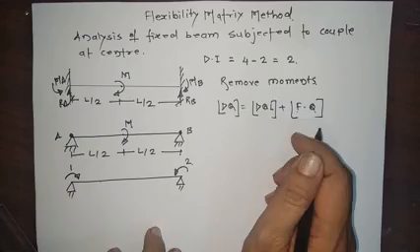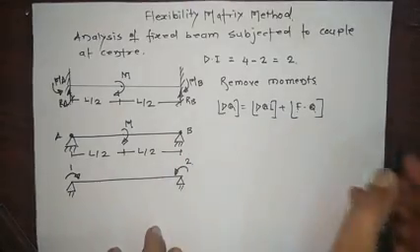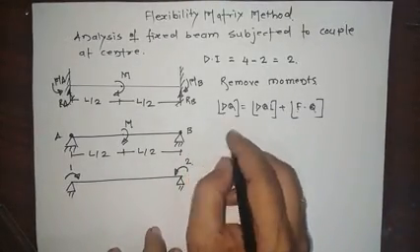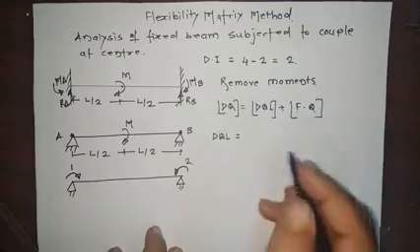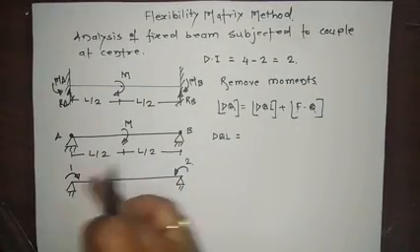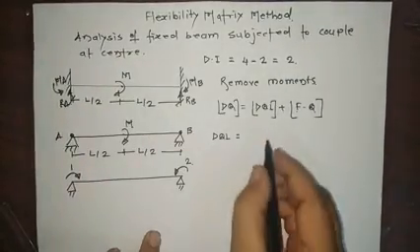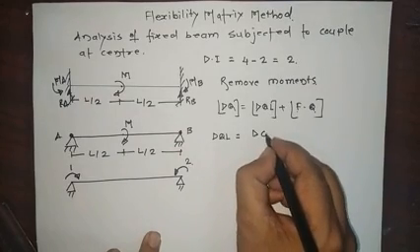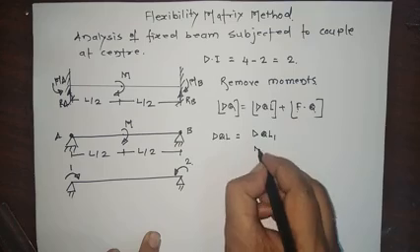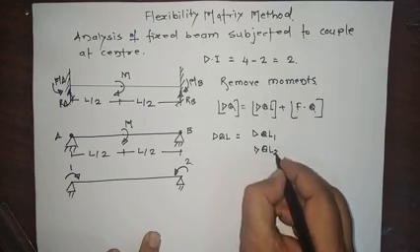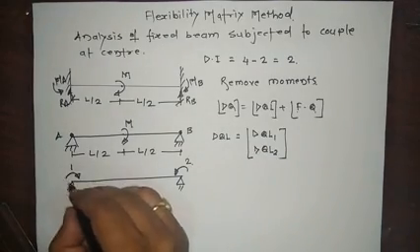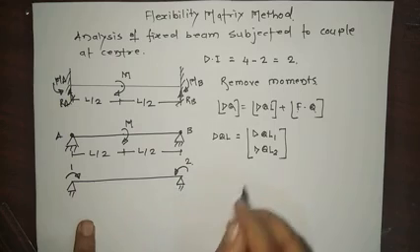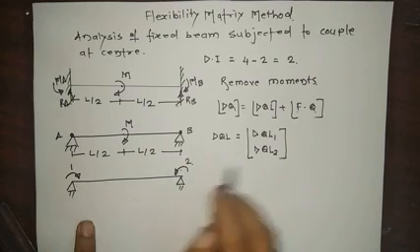So now first we will find the dql matrix. Here the dql is the action at coordinate 1 and at coordinate 2 due to this external moment. So that is dql1 and dql2. This is the unit moment here at 1 and at 2.